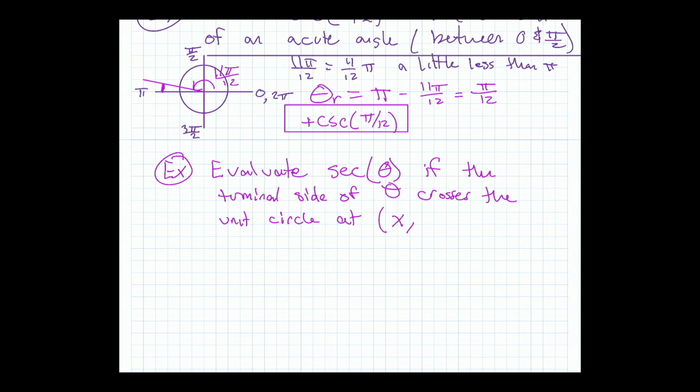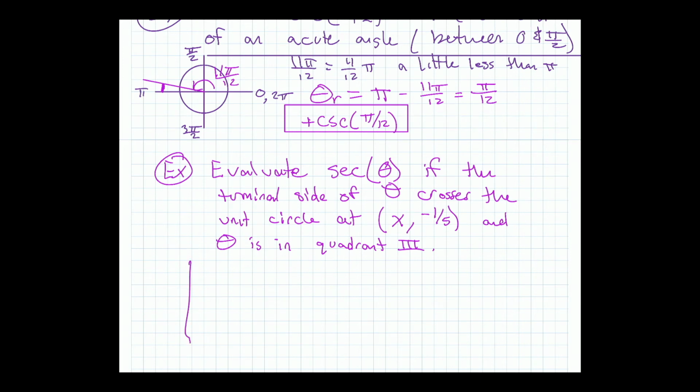I'm going to tell you that the y value is negative 1/5. And theta is in quadrant, I have to tell you the quadrant, otherwise we won't know the answer here. Quadrant, let's say 3. Okay. So, how do we do this?